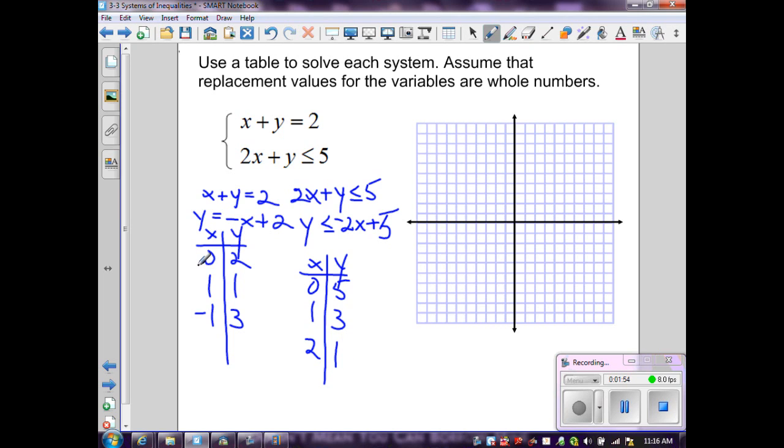Let's graph the equation. That's going to give me 0, 2, 1, 1, and negative 1, 3. Now I graph my line.